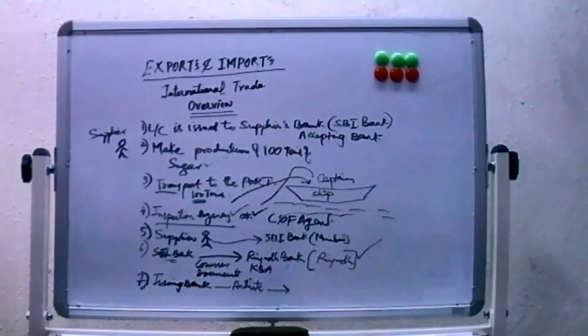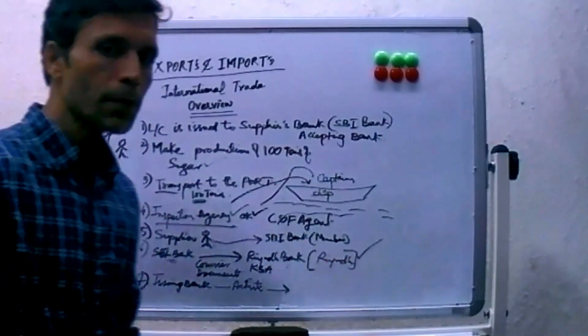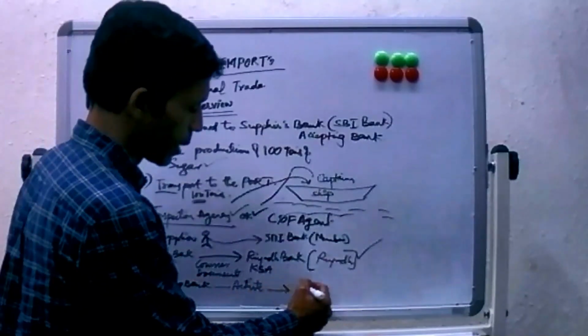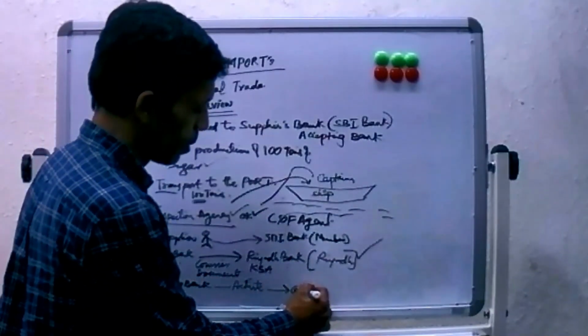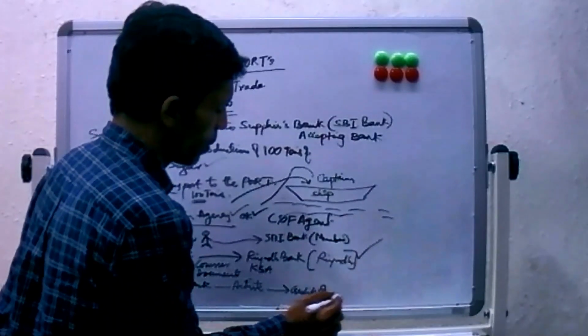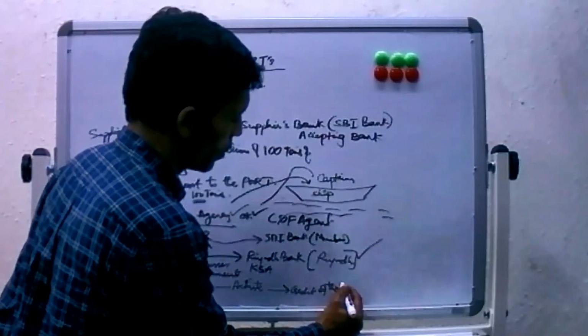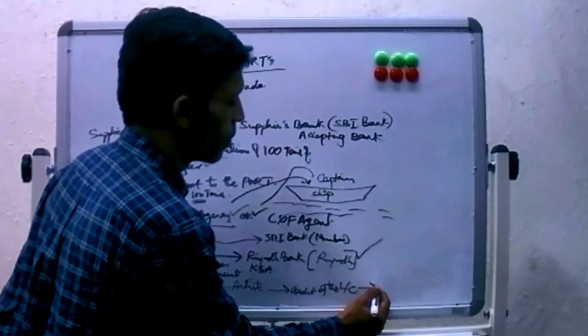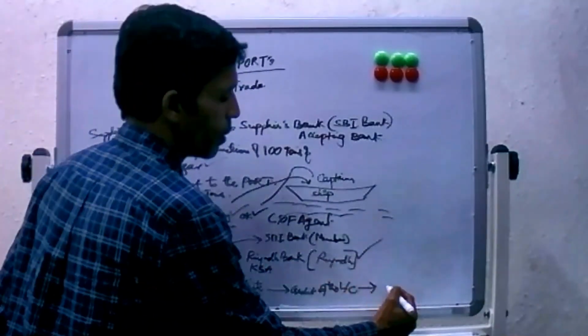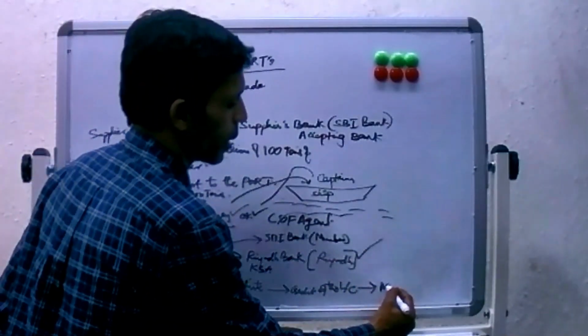Excuse me for that. So the issuing bank will activate the credit of the LC, and the LC is accepted by the accepting bank.